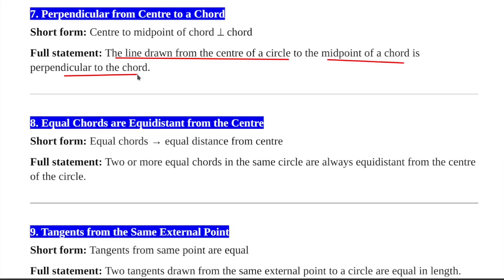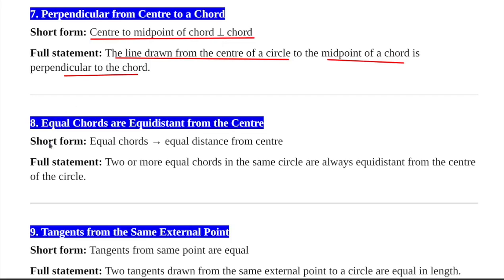And then the opposite is true. If you draw a line such that it's perpendicular to the chord, it's going to bisect that chord. So the short form for this one: center to midpoint of chord is perpendicular to the chord. Just remember this is the symbol for perpendicular.